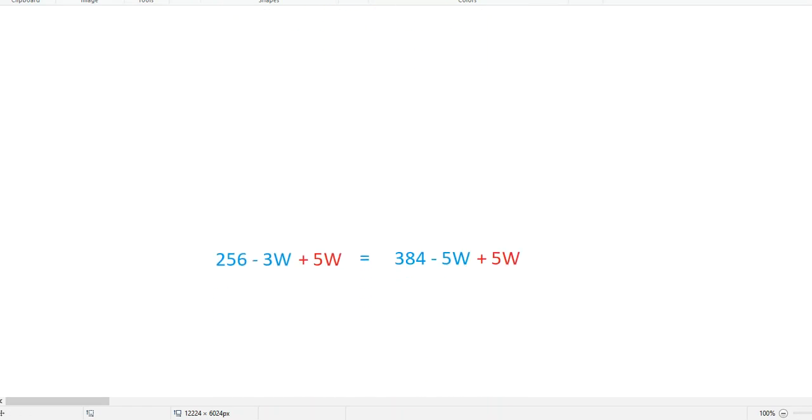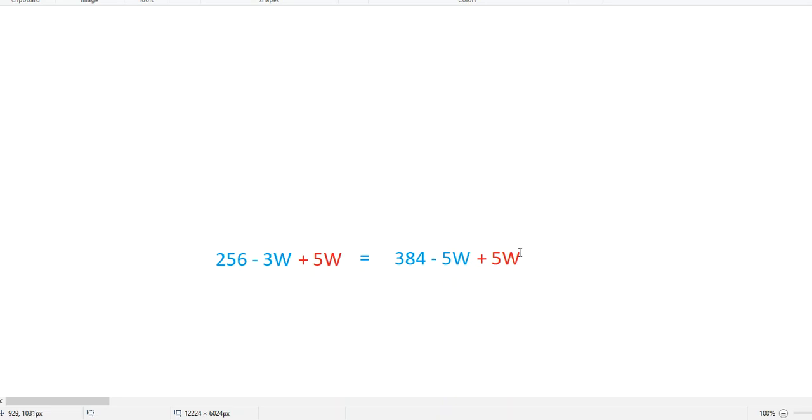Now, we had a little bit of a choice here. I wanted to make sure that the variable term ended up positive. What we're doing right here is we have minus 5W, and I'm adding its opposite. So this is subtracting 5W; now I'm doing the opposite and adding 5W.